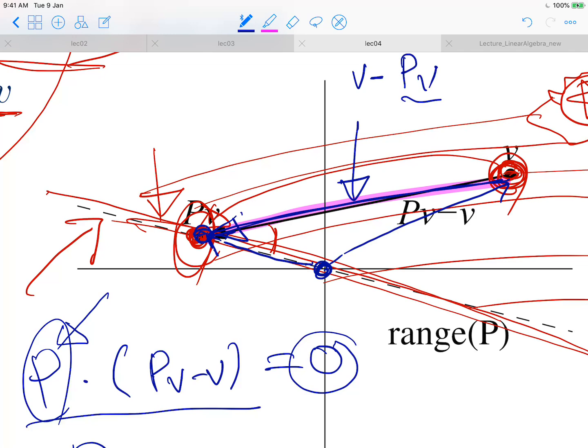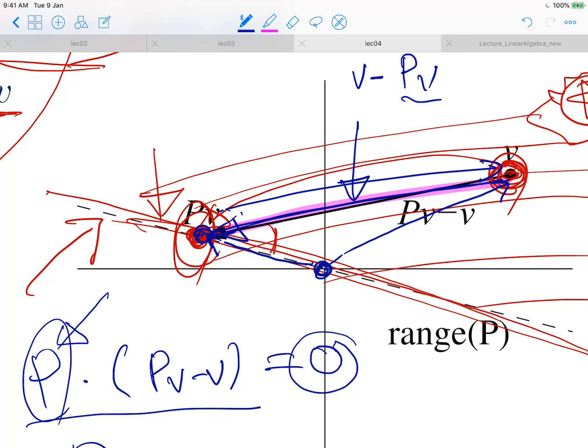So we project along this direction, and the resulting point after this projection is always 0.